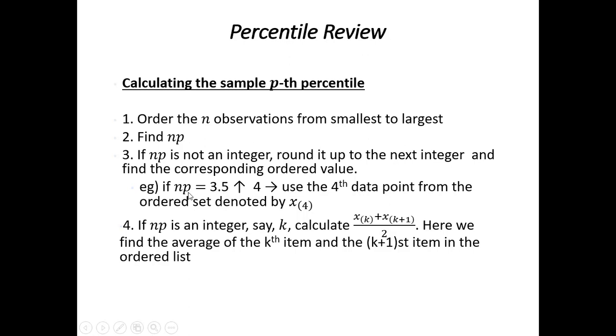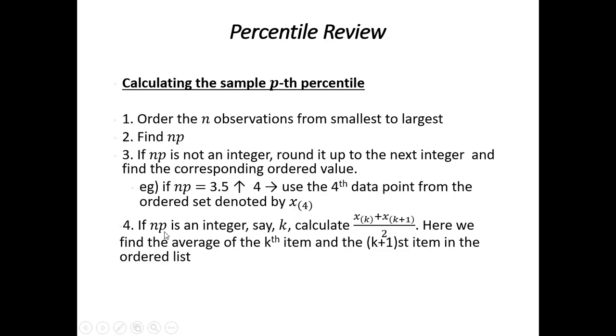So if n times p were 3.5, we'd round it up to 4, and then use the 4th data point in the ordered set, which you may see denoted by x sub (4). The 4 is in parentheses to denote that the numbers get reordered once you put them in order.